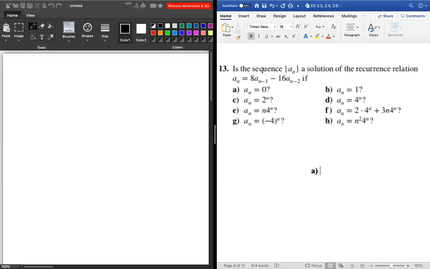So therefore, there is a solution for these ones. Remember, when a_n equals 2n, we plug this value for a_n into this equation.